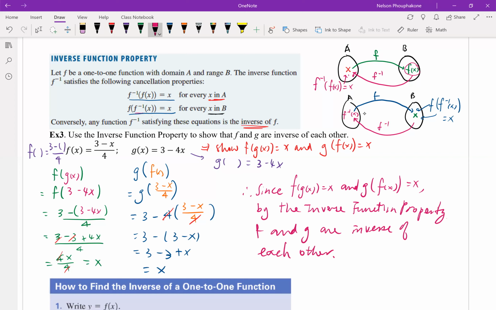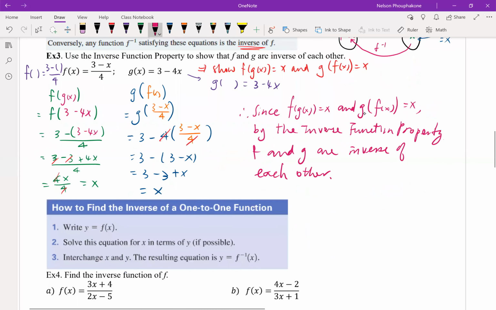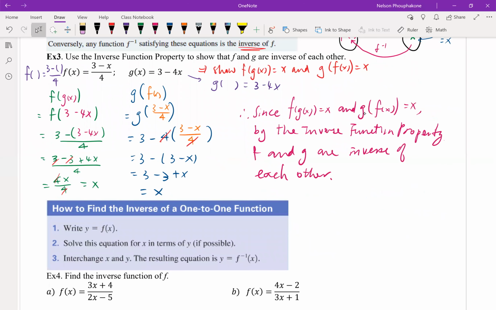Okay, that's it. So this is the idea. If we have two functions, this is exactly how we show the two functions are inverses of each other.